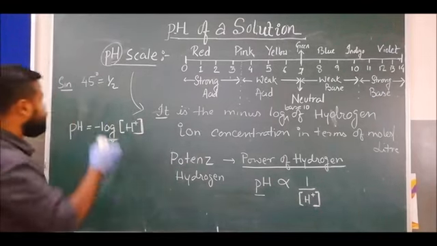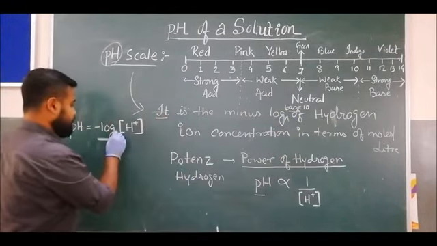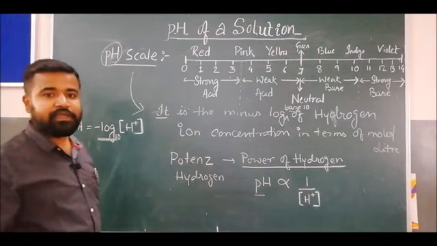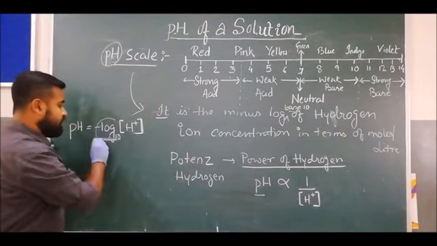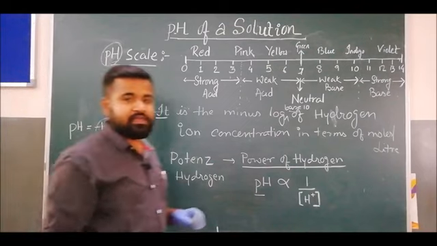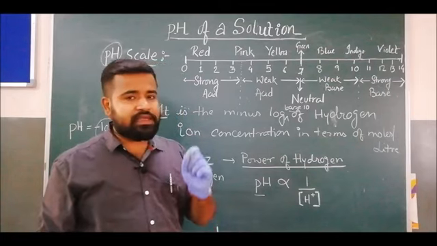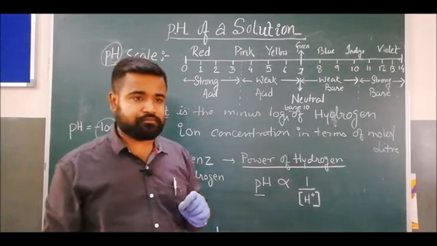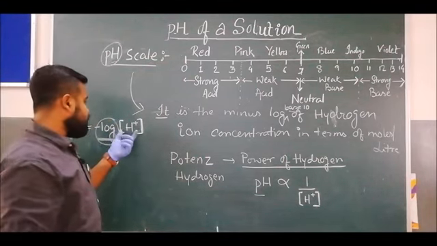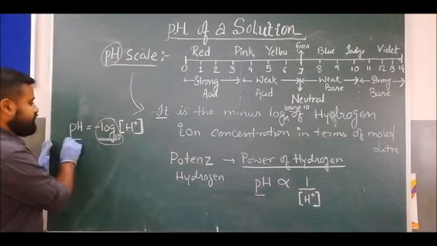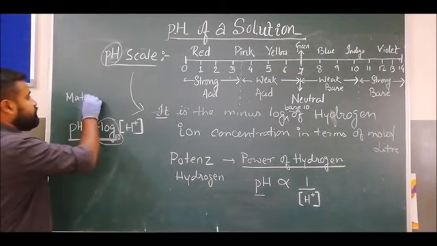Similarly, here the mathematical operator we are using is minus log, and here I have also mentioned base 10. So the base will be 10. Clear? So for the hydrogen ion concentration, this minus log base 10 is the mathematical operator. Clear now? So whenever we write pH equals minus log base 10 of H plus ion concentration, that gives you the pH of the solution. So this is the mathematical equation of pH.